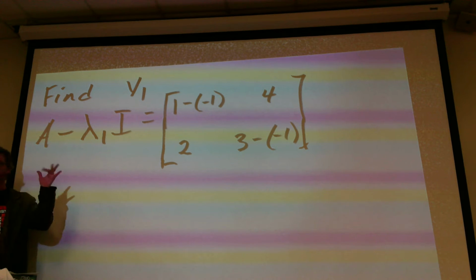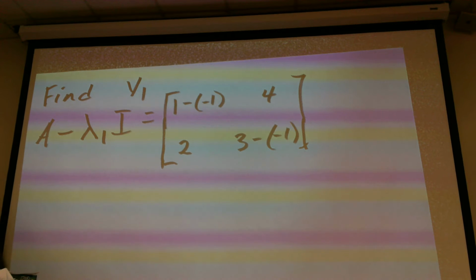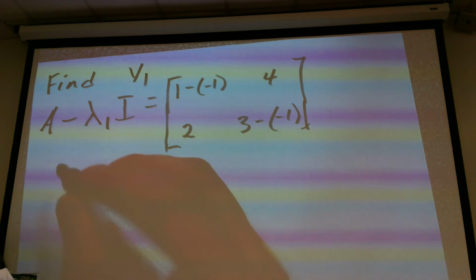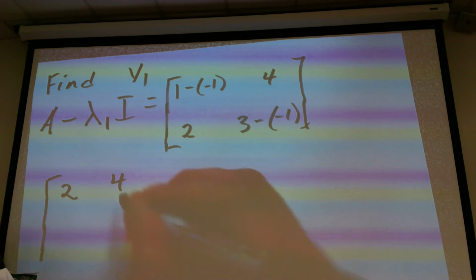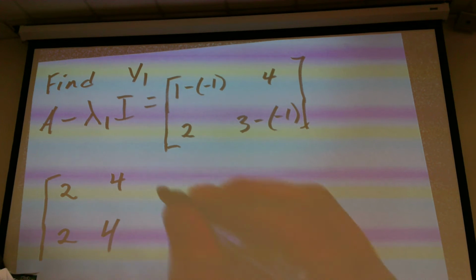Okay, so that's A minus lambda 1. So what are we going to get from this? 1 minus negative 1 is 2, that's 4, that's 2, that's 4.